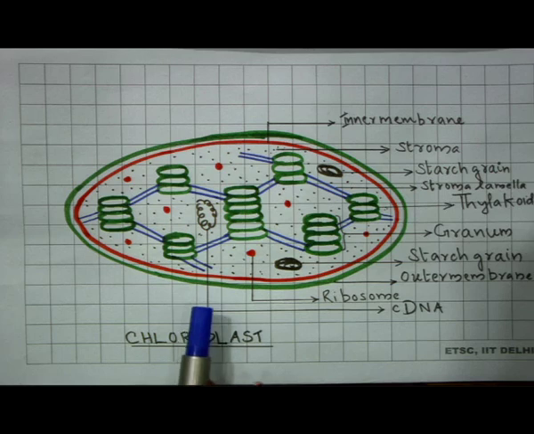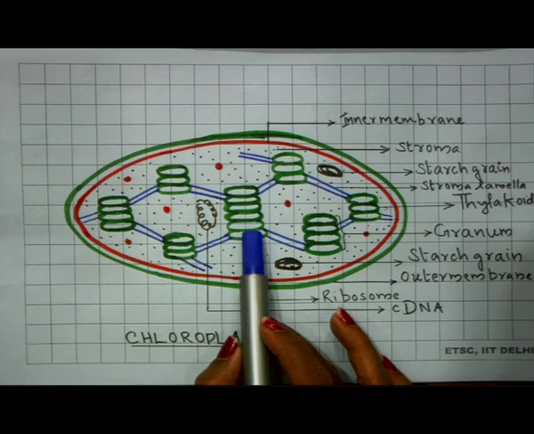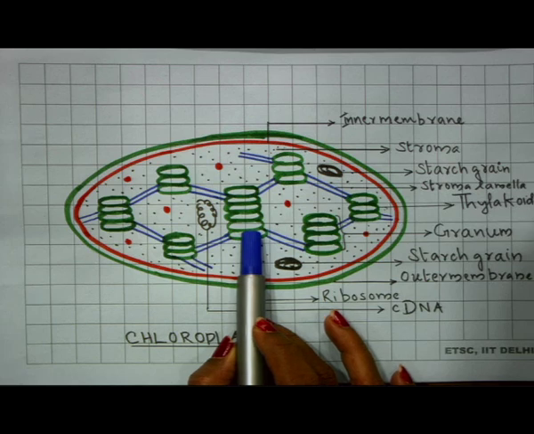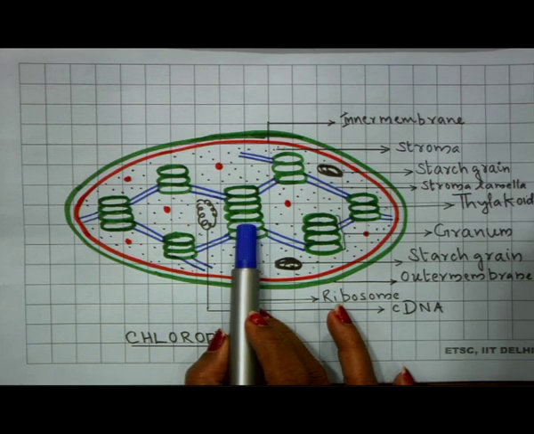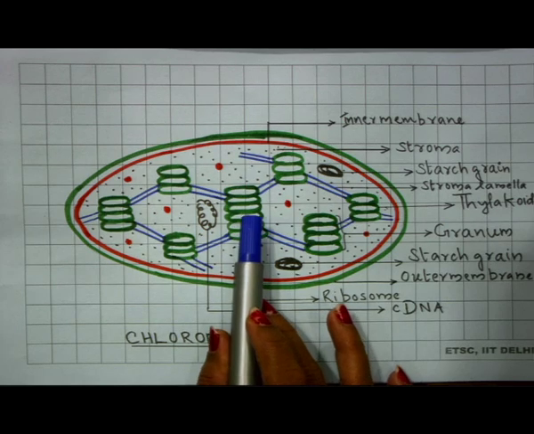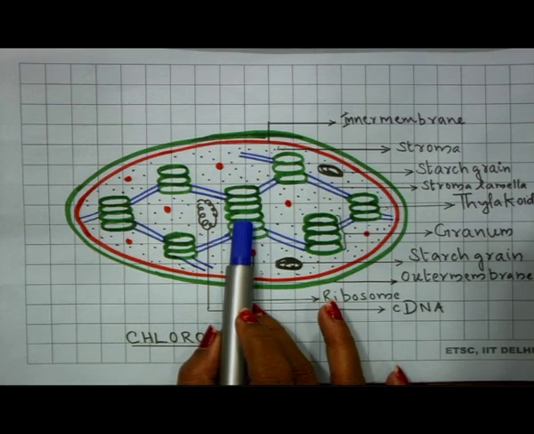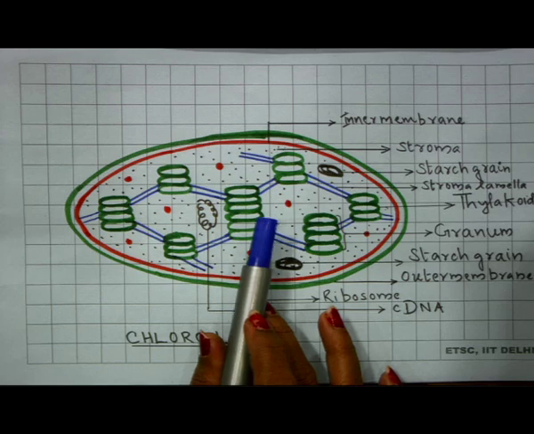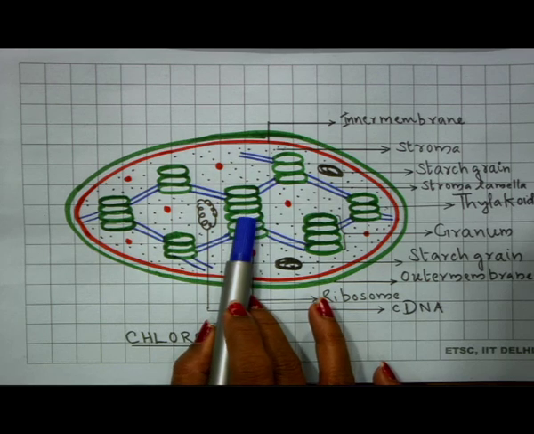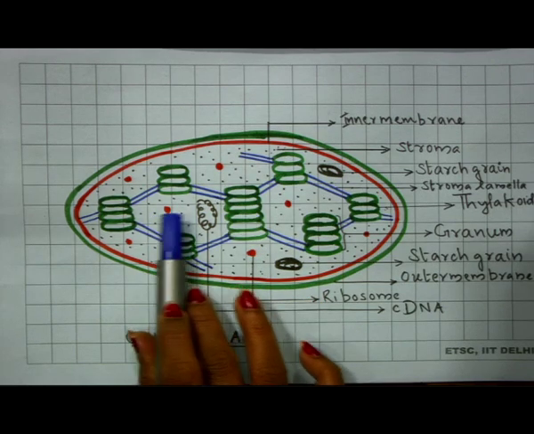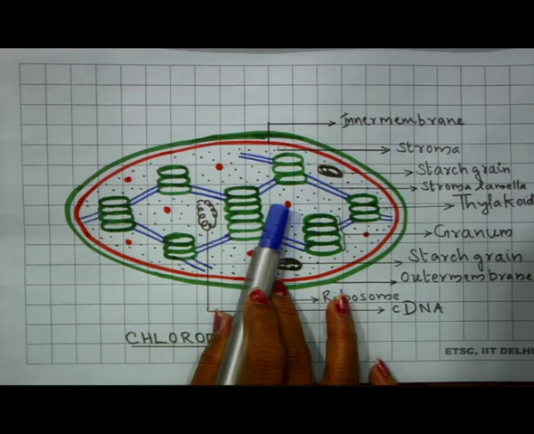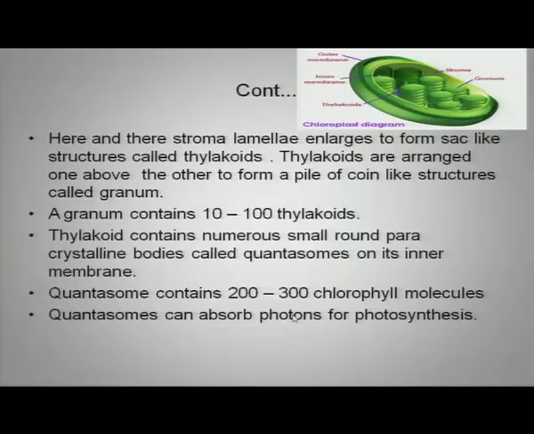Why is it so? The granum, made up of thylakoids, contains quantosomes which contain chlorophyll molecules that can trap the photons, helping in light reaction, whereas the stroma contains different types of enzymes needed for dark reaction. So, quantosomes can absorb photons for photosynthesis.